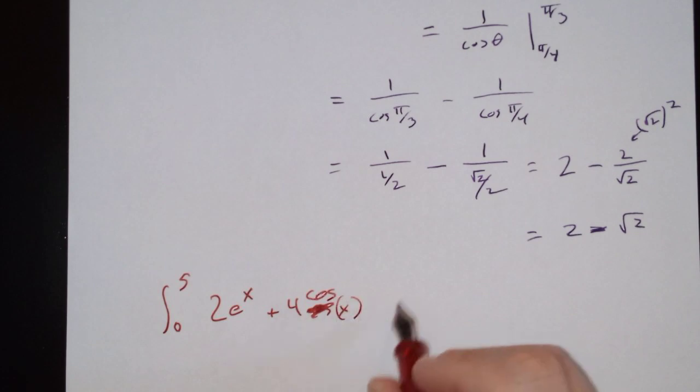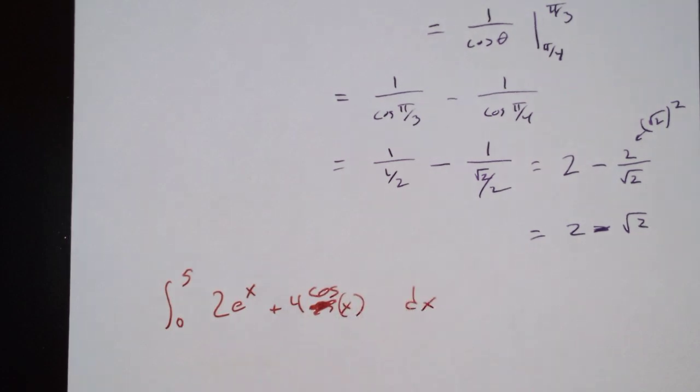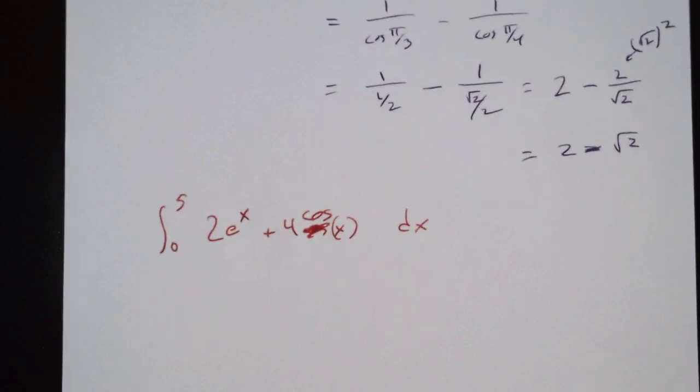Cosine of x dx. e is one of those numbers that is going to give me crappy decimals all the time. So if I see this problem, it's almost always connected to give an exact answer. So that means if I see e to the something, I'm going to leave it as e to the something, unless it's e to the 0.